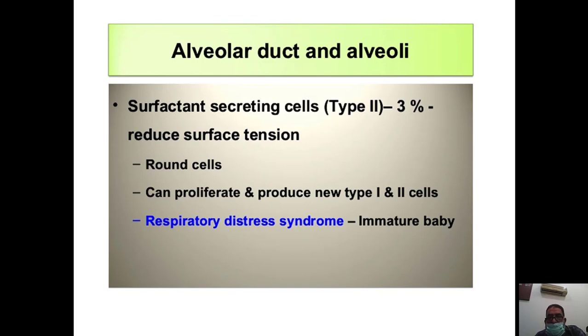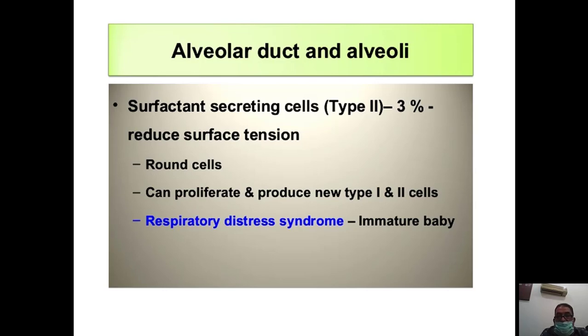Respiratory distress syndrome in a premature baby is visible in this picture. This is due to the absence of the surfactant, which is released by the type 2 alveolar cell, present only 3% in the alveolar duct and alveoli. But these can proliferate to produce both type 1 and type 2 cells.